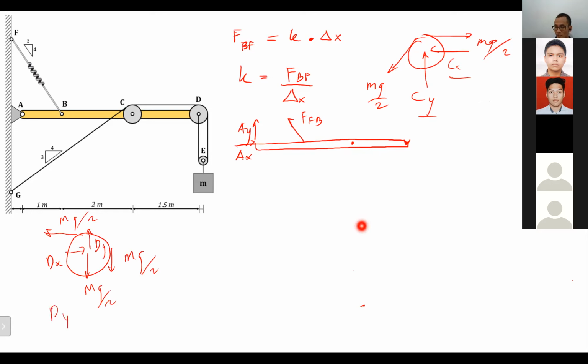Find Dy, Dx. Find Cx, Cy. Then put it here. So now Cx, Cy is a known value, Dx, Dy is a known value like that. And you can put it in your main free body diagram.